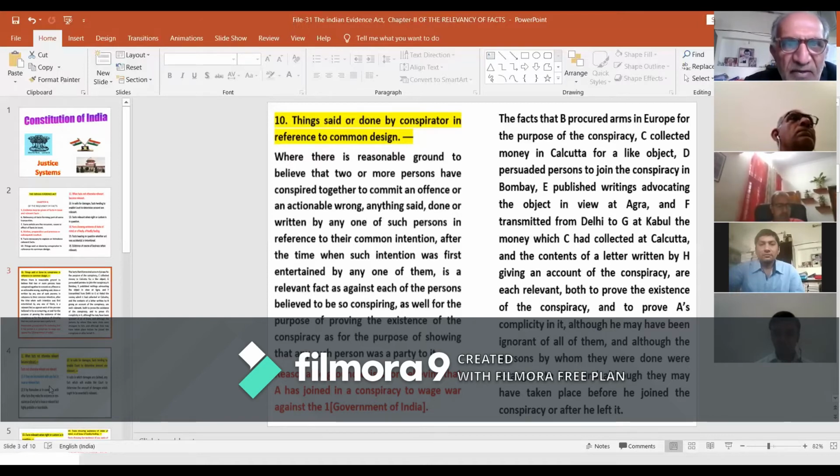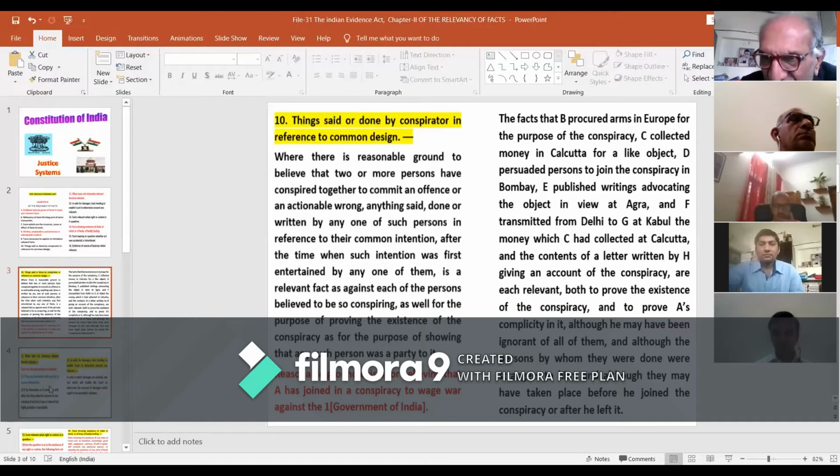Now let us read it. And there is reasonable ground to believe that two or more persons have conspired together to commit an offense or an actionable wrong, anything said, done, or written by any one of such persons in reference to their common intention. So, the act done or something written by the conspirator should be in reference to, in connection with, in furtherance of the common intention.